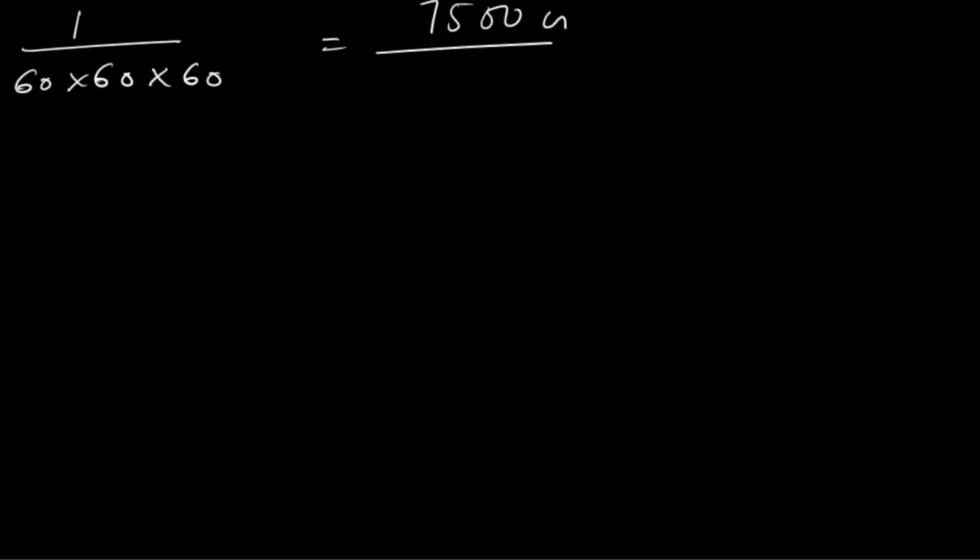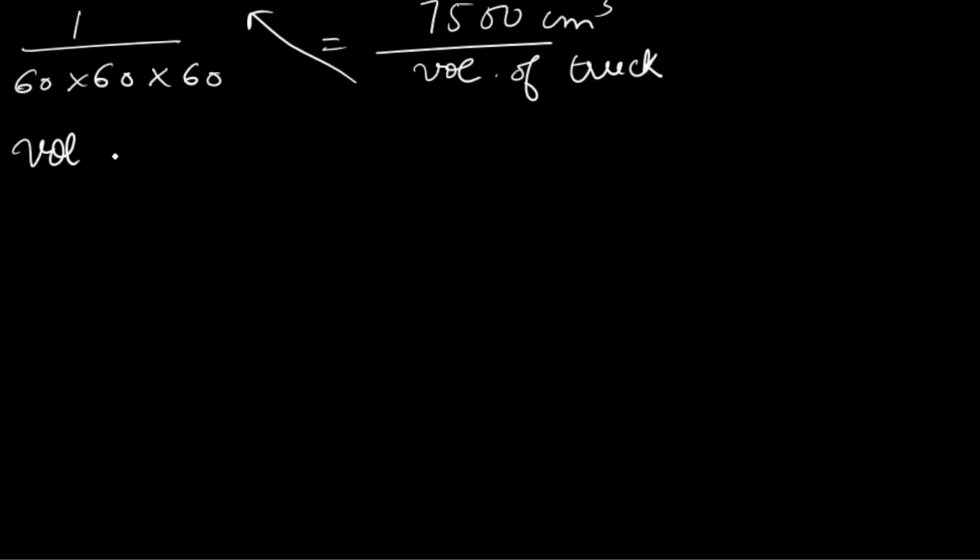If we do cross multiplication, so here I am getting 1 by 60 into 60 into 60 because we are doing cube, is equal to volume of model. Volume of model is 7,500 centimeter cube into volume of truck. Now if we do cross multiplication, volume of truck will get multiplied by 1.